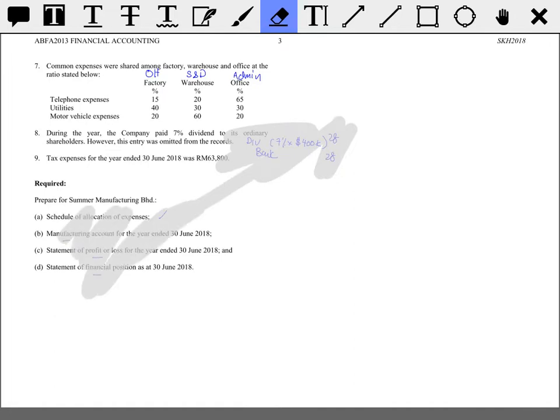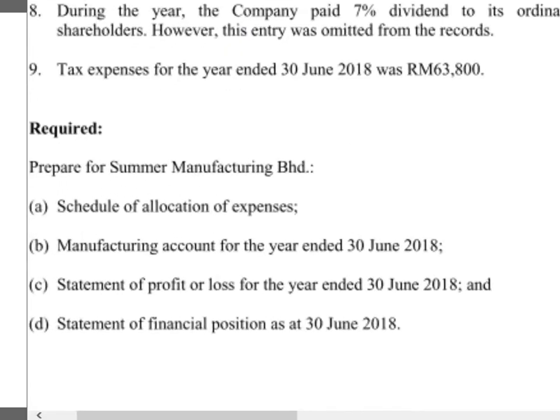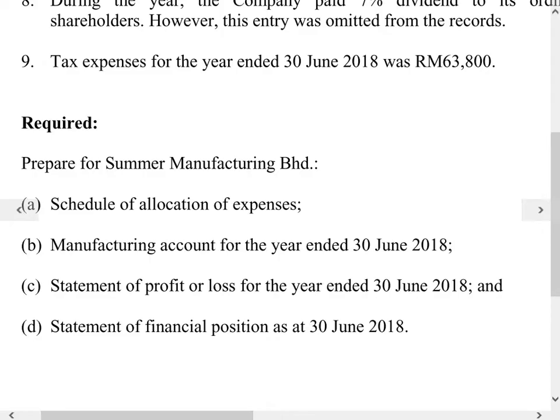Required: prepare schedule of allocation.